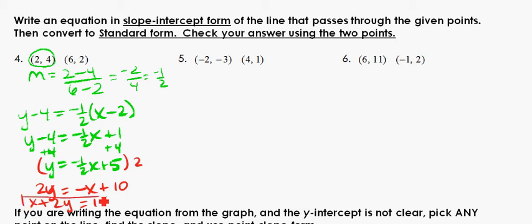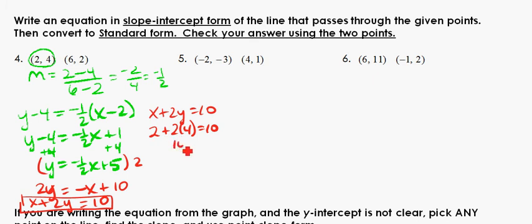There we have an equation in standard form given 2 points. This is very easy to check because we can simply substitute in the 2 points and see if we get a true statement. So in the equation we have x plus 2y equals 10. If we want to check the point 2, 4, where there's an x we put in 2, and the y value we're going to choose 4 because it's part of the point.